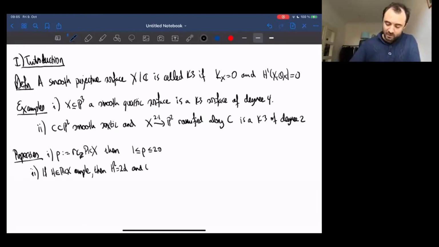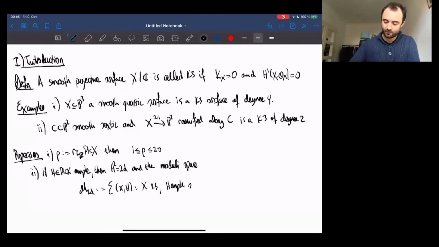And the moduli space, let me be a bit imprecise here, M_2d, which is parameterizing pairs (X, H), where X is K3 and H is ample such that H squared is 2d, up to isomorphism, is irreducible and 19-dimensional.